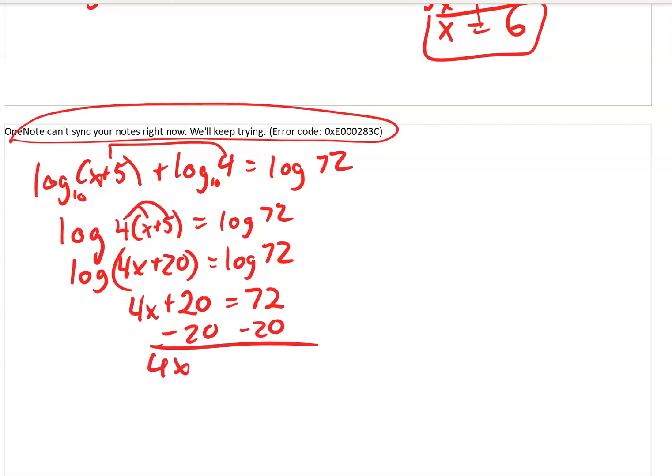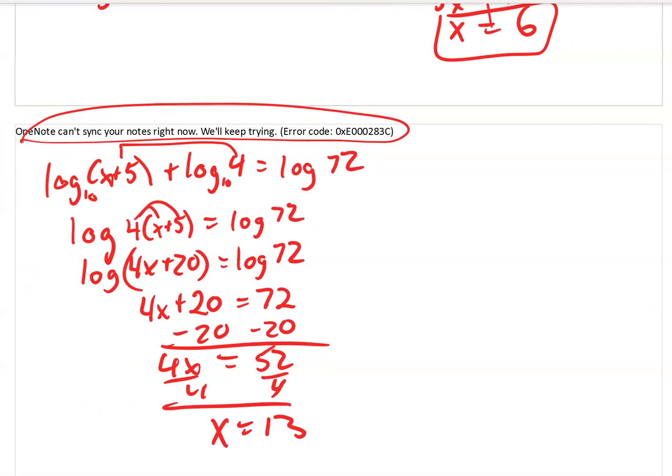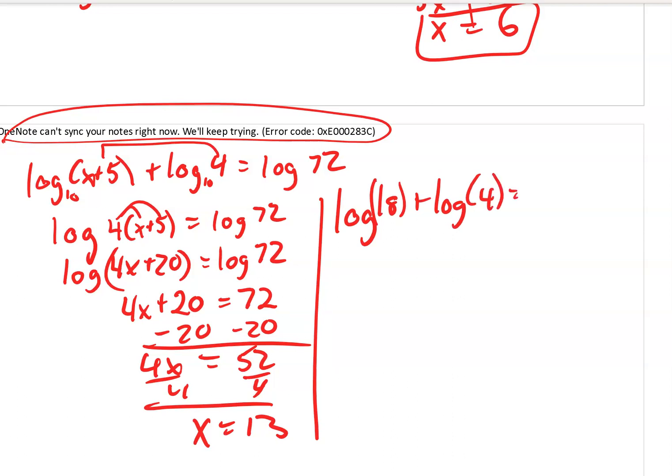So 4x plus 20 equals 72, so 4x equals 52. Divide both sides by 4. X equals 13. If we want to check our work, we are going to put in 13 for x. So we'll get log of 18 plus log of 4 should equal log 72.